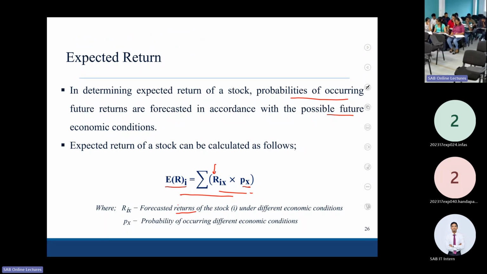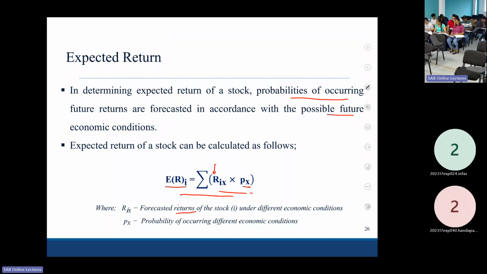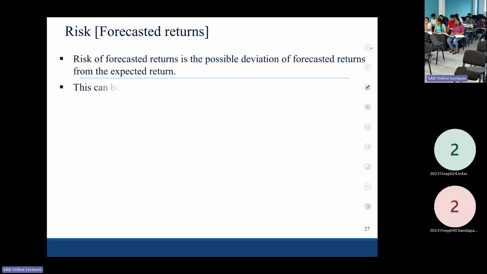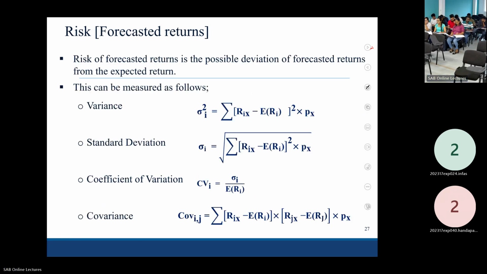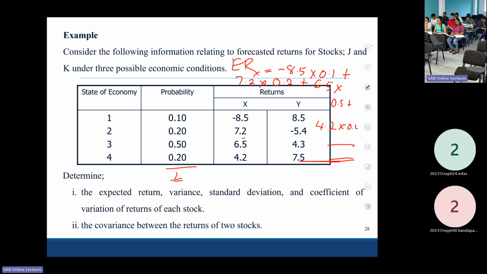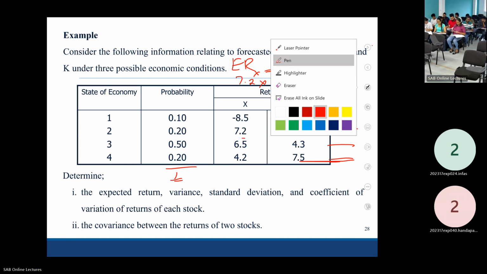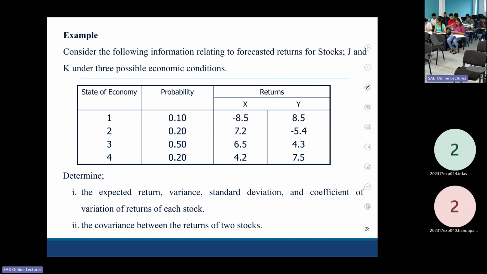Sigma means summation. Sigma is the total. So then you can get the answer like this. So what is the answer? I'm writing here the expected return of stock X.